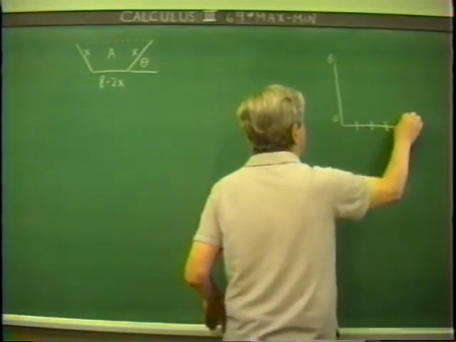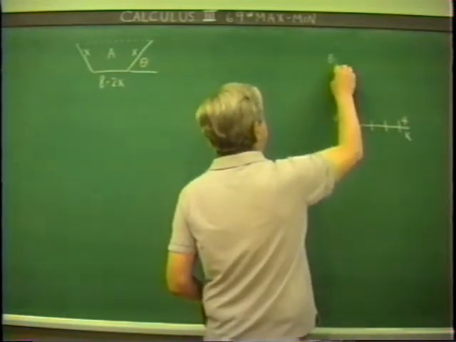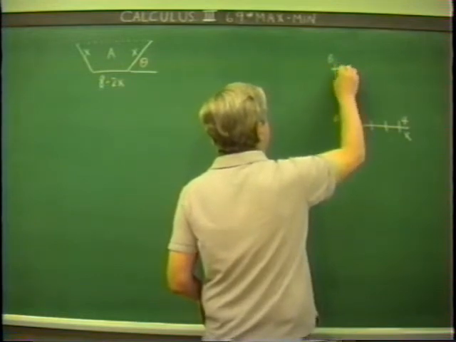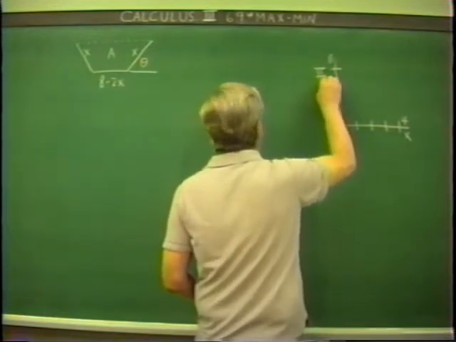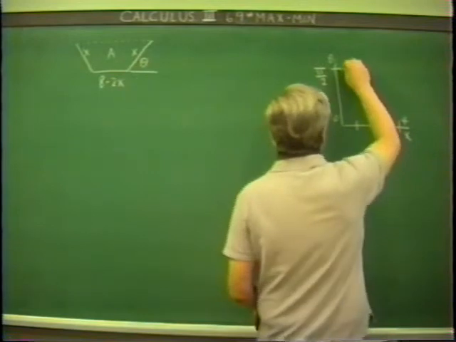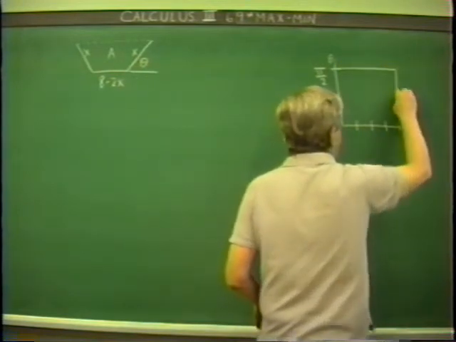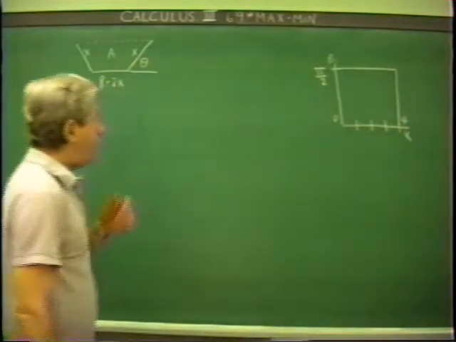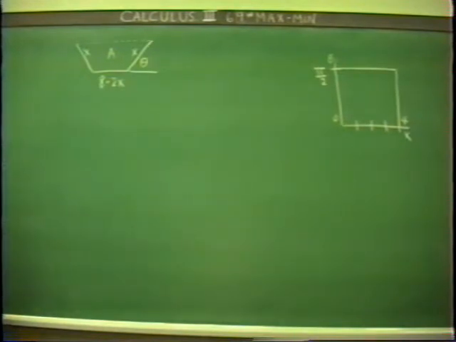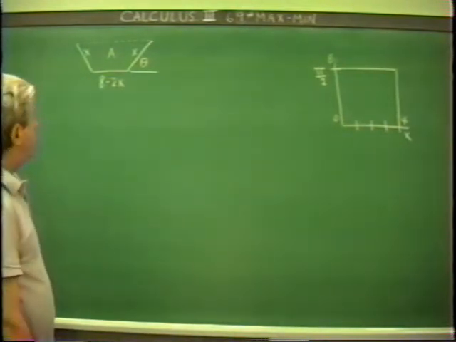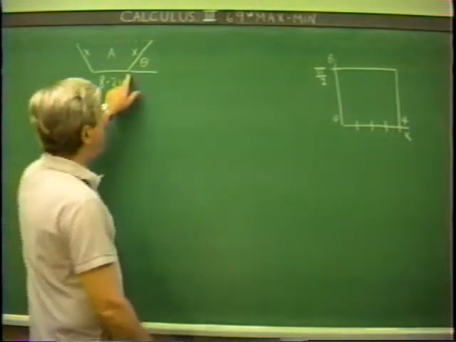where x can be any number between 0 and 4, and theta any angle between 0 and pi over 2, 90 degrees. So that we're looking at maximizing this on this rectangle right here.